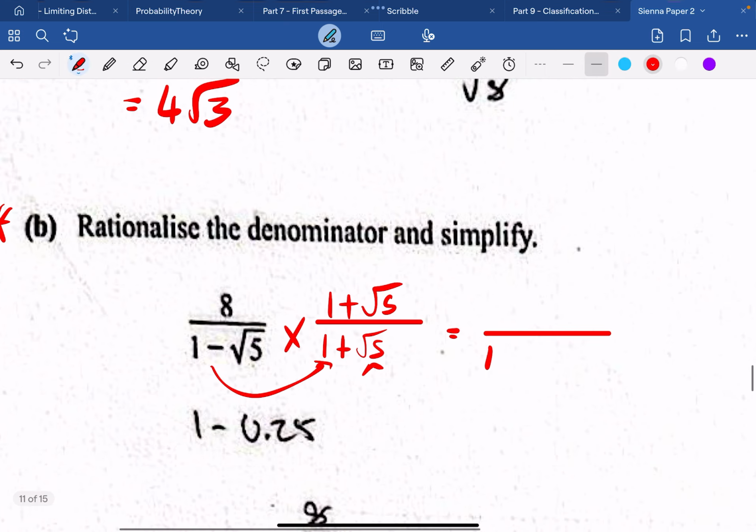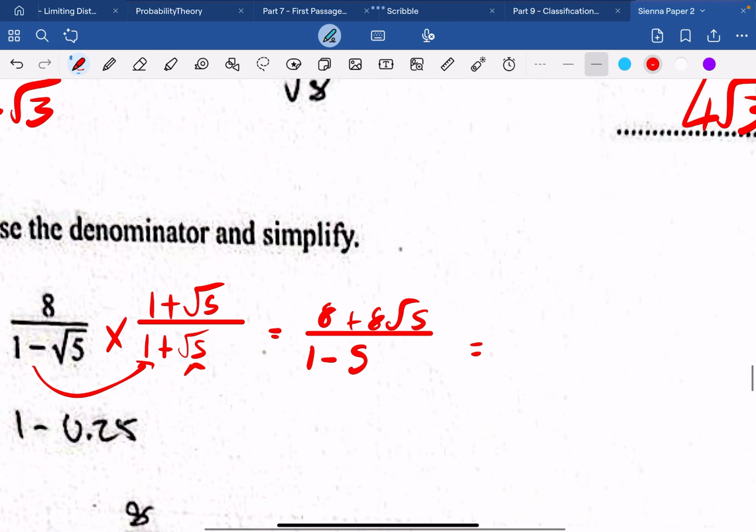And then we've got minus root 5 squared, which we know is just minus 5. Then at the top, we've got 8 plus 8 root 5. We're left with 8 plus 8 root 5 over minus 4.